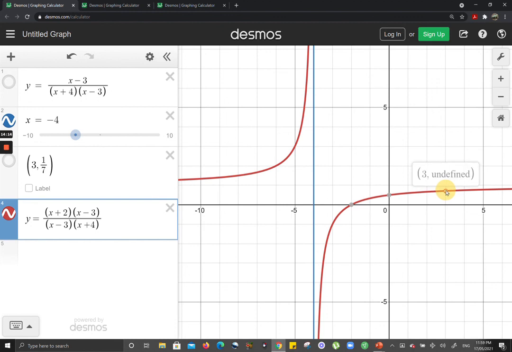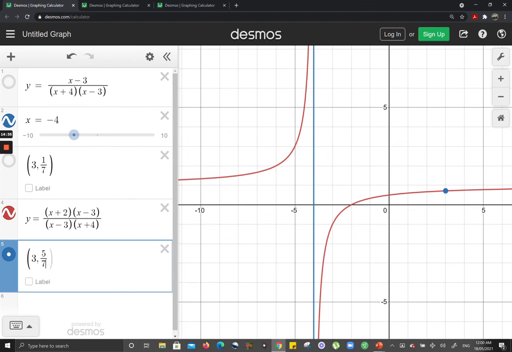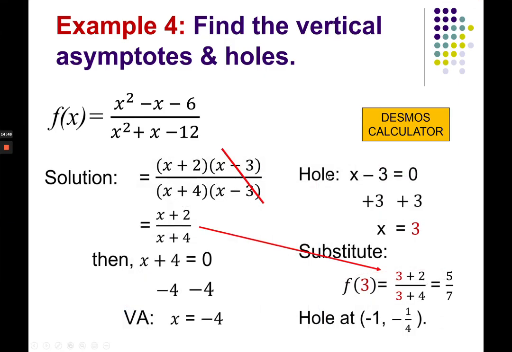But, I forgot, it should be at 3 and 5 over 7. I just did not include it. Let's see if we can try 3 and 5 divided by 7, which is actually the location. It's also blue, which is the location of your hole at (3, 5/7). Okay? That's how you find the location of the hole.